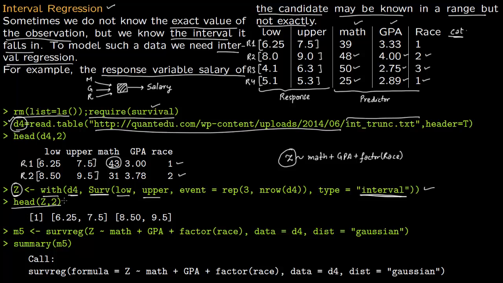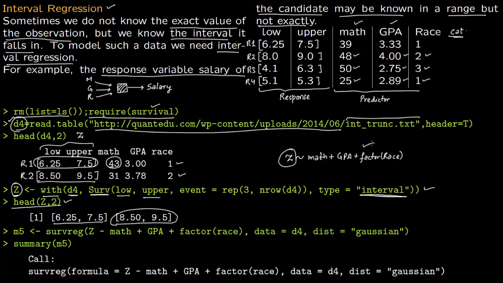You just see what the first 2 values are. The first value is 6.25 to 7.5. This is precisely this value. And the second value is 8.5 to 9.5, exactly this value. So basically you have taken these 2 values and made them into one variable. This entire thing becomes Z. And that is precisely the way you can feed in data and make a model in R.